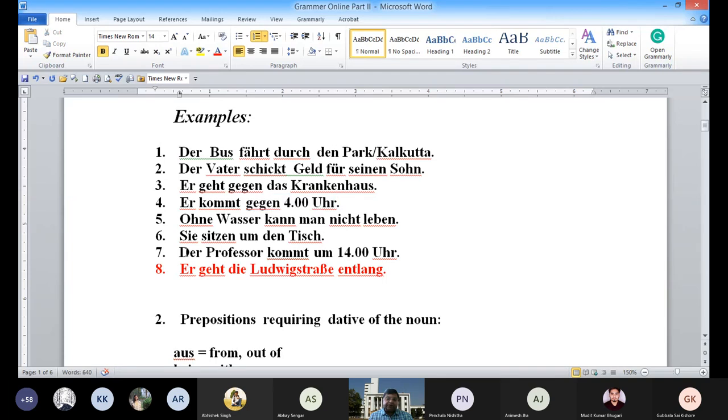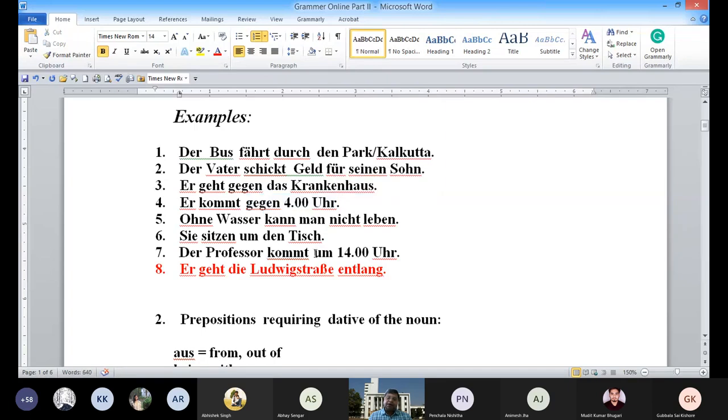But when we say der Professor kommt 14 Uhr, what is the meaning? At. Here, in the context of time, it means at 14 hours, the professor will come exactly at 14 hours. So it means exact time, and gegen means approximate time, maybe 10-15 minutes before, maybe 10-15 minutes afterwards. Approximate time, that is about 4 o'clock.